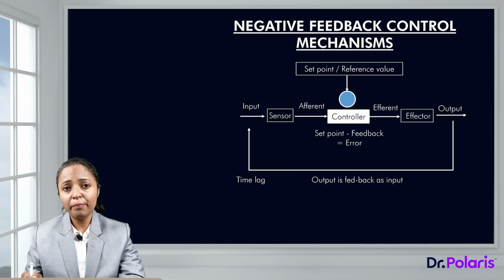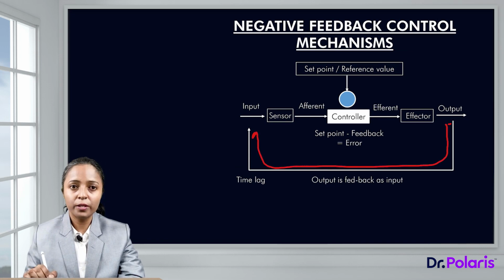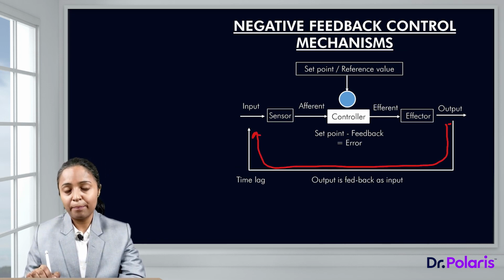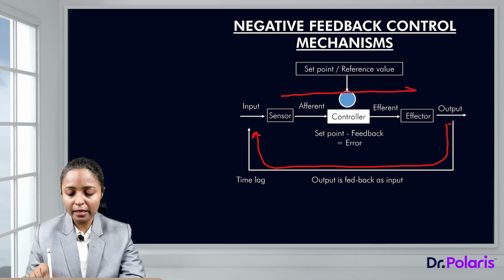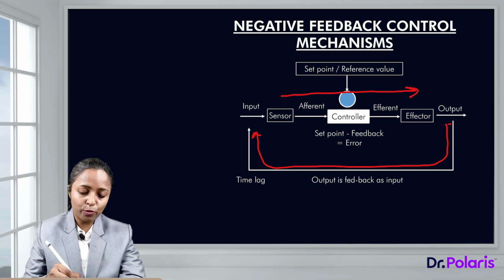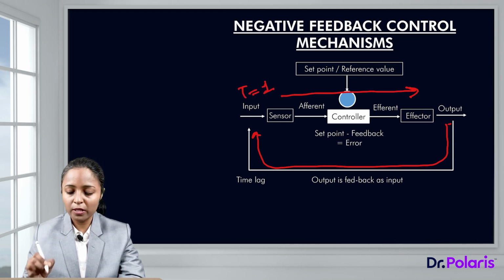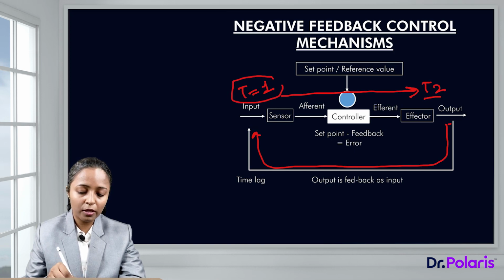Now, the mechanism by which this negative feedback operates, there are certain properties which come out. One thing is that when the output is being fed back as input, there is some time lag, because this entire process is taking some time, right? So suppose somebody has changed the body position. Fine. So suppose at time 1, they change the body position, and this will take some time. Suppose the time is 2. Now this system has changed the value based on this particular input.